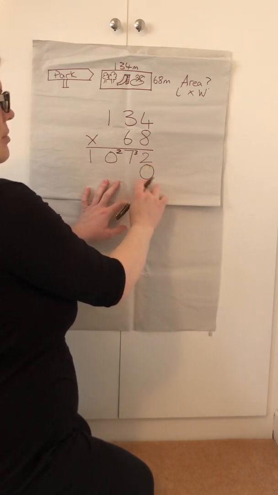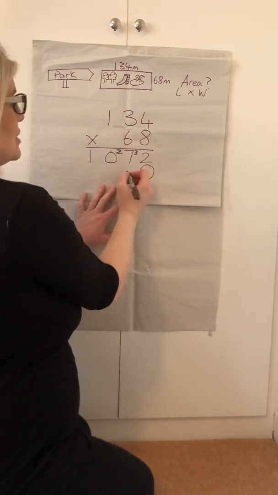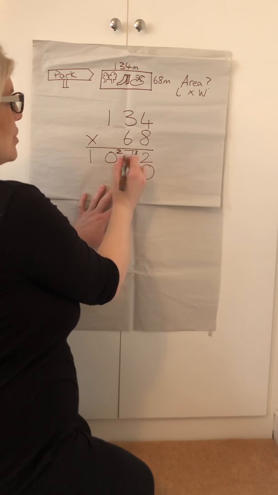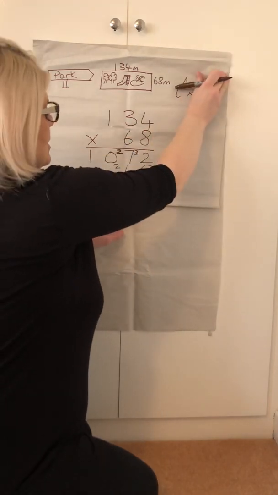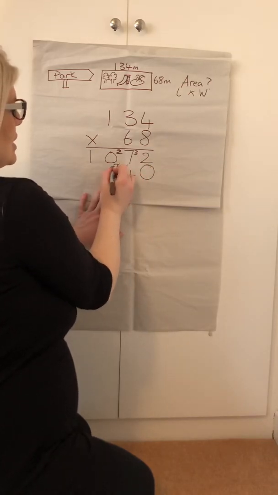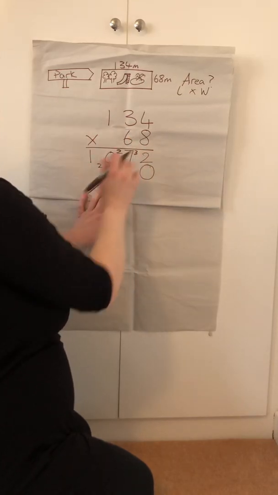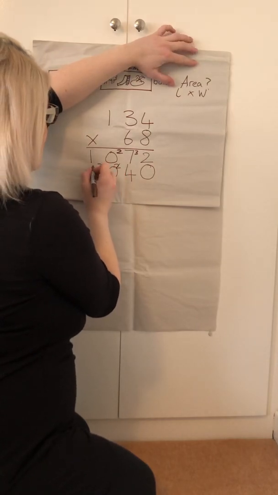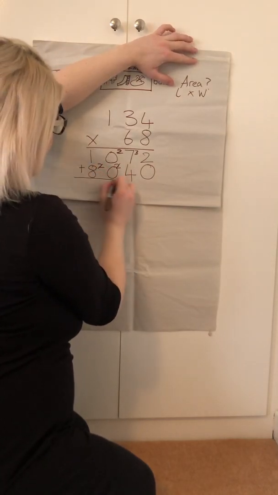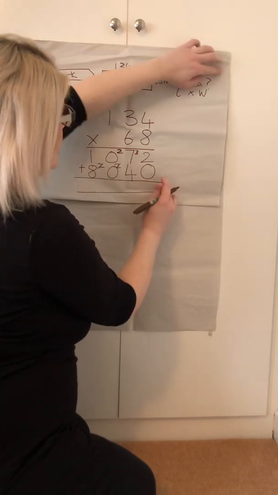Must remember that 0. 6 times 4 is 24. 6 times 3 is 18. And I add on my 2, so I get my 20. 6 times 1 is 6. Add on my 2, and I get 8. Find the total.